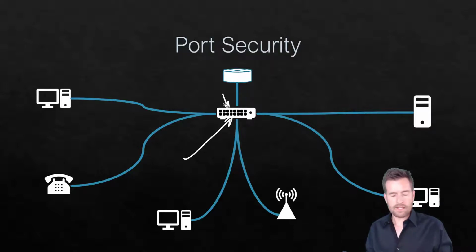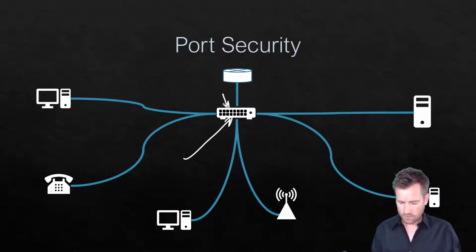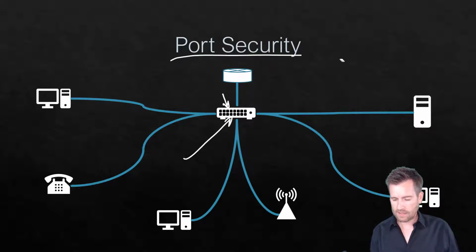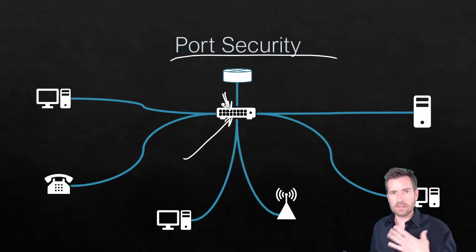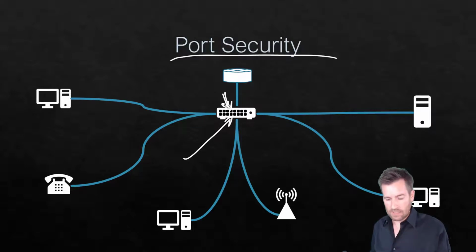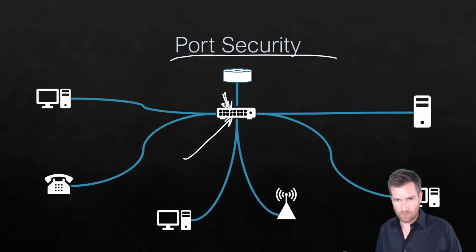We can somehow limit the traffic that's going to be coming into that port. And so that's port security. A lot of different ways that we can implement port security onto that switch, but somehow we are limiting who can actually connect into those devices and communicate across that switch.